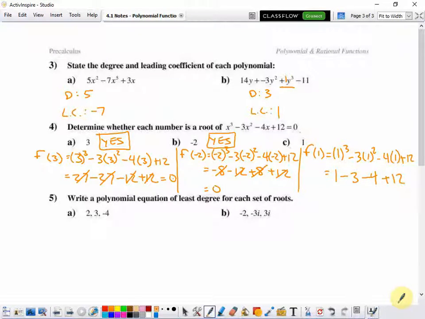Okay, these don't all cancel each other out. So 1 minus 3 is negative 2, minus 4 is negative 6, plus 12 is positive 6. So the point 1, 6 is not a root, it's not an x-intercept. When x is 1, y is 6, not 0. So I would say no, 1 is not a root of the equation.